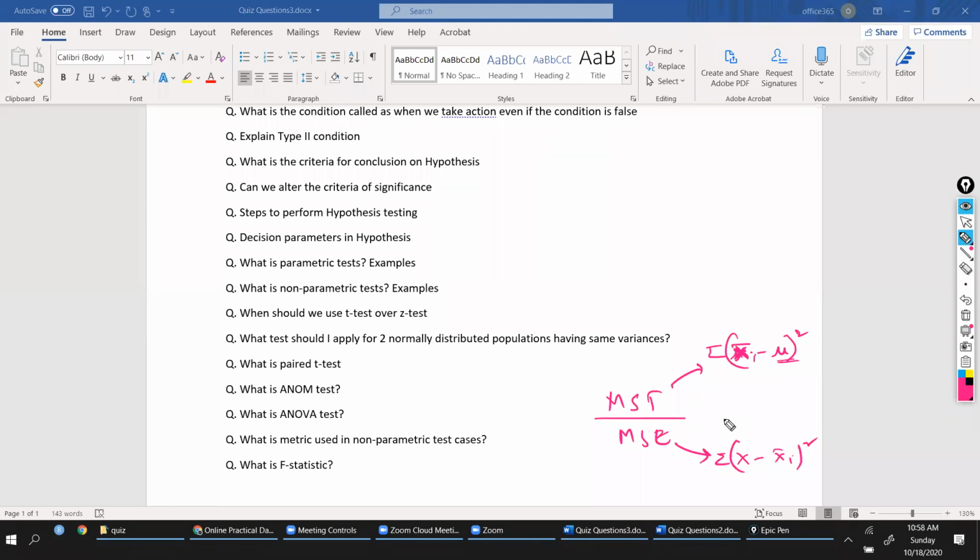Can it be negative? Very good, Lokesh. F statistic will always start with 0. It cannot be negative, because you're taking squared values, so you'll never get a negative in this calculation. This is an interview question that can be asked. So it can never be negative.